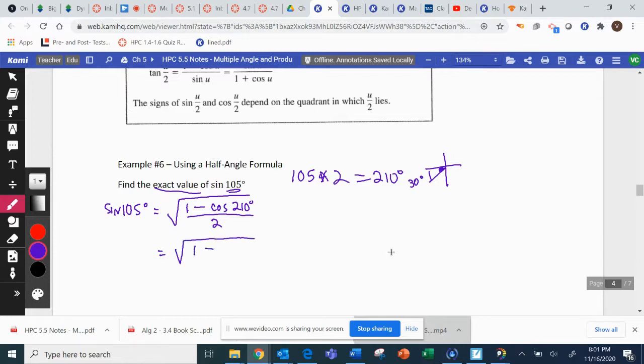So I'm going to do 1 minus the cosine of 210 degrees. That is the square root of 3 over 2. I said square root, I mean the value. And that's all over 2.